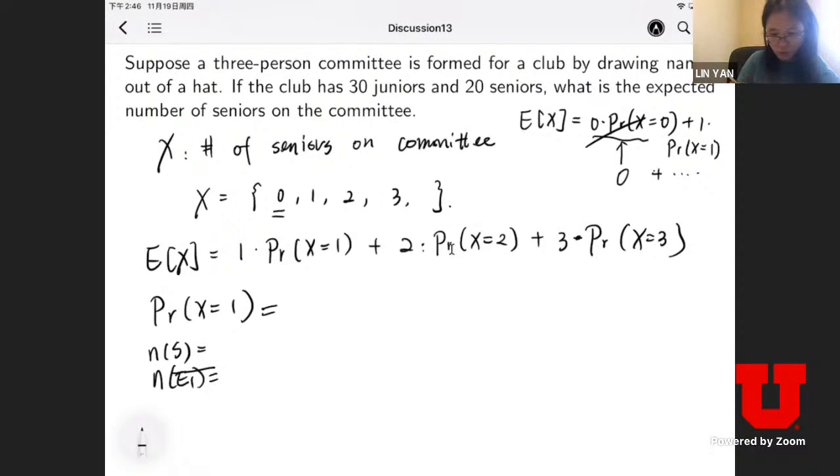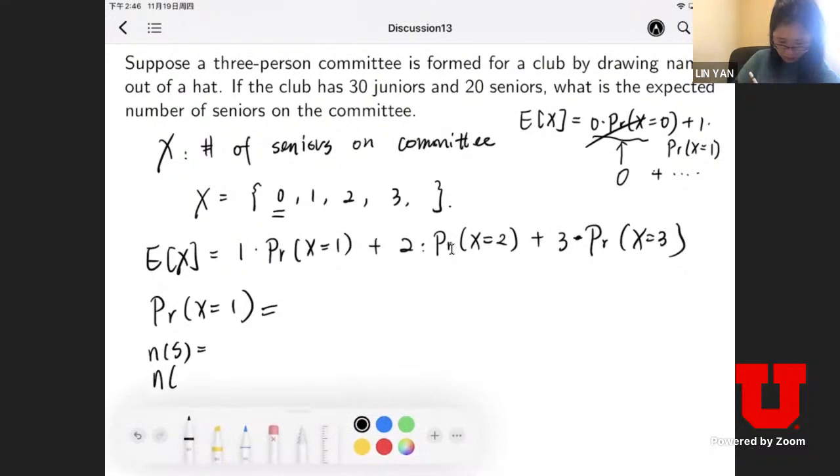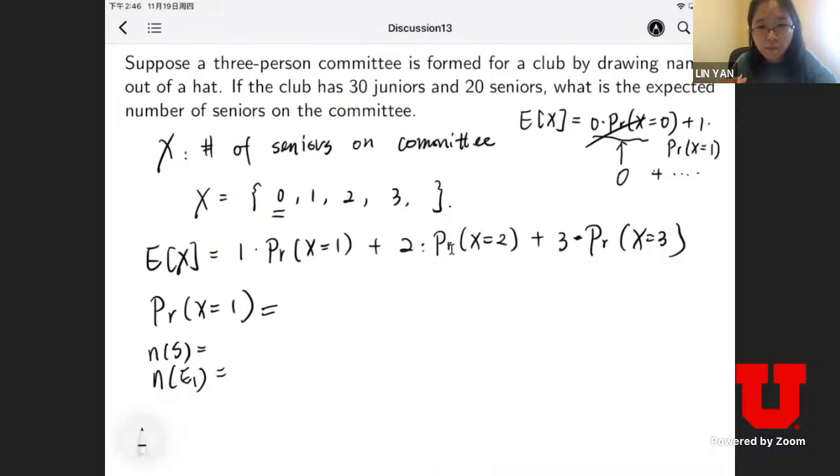E1 means there is 1 senior on the committee. Okay, thanks for Parker's comment.